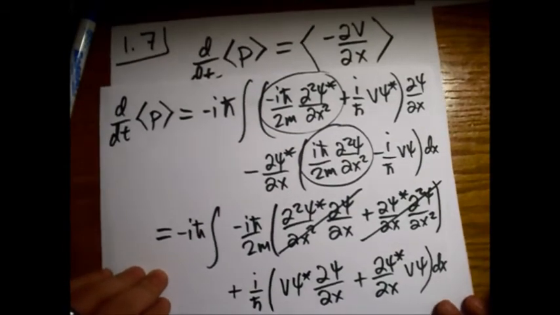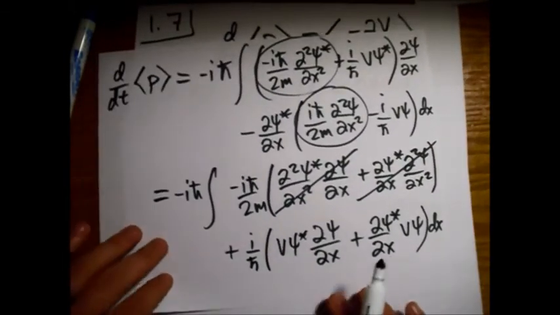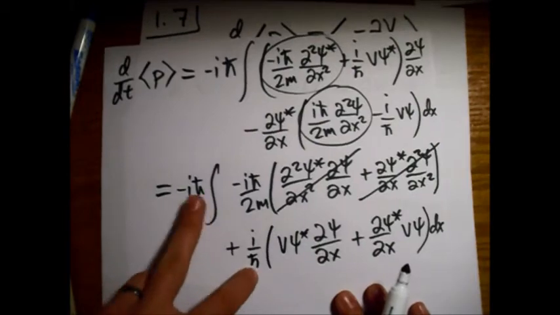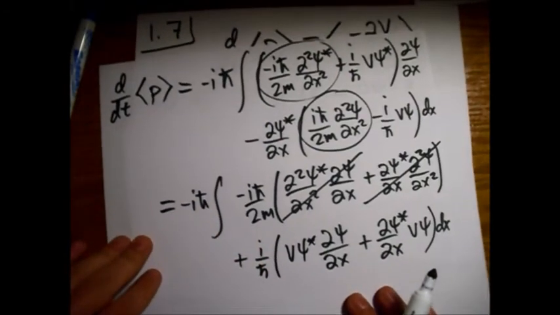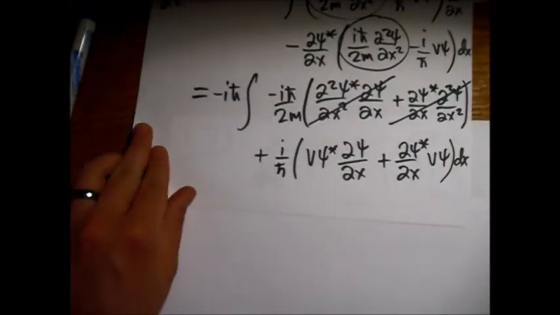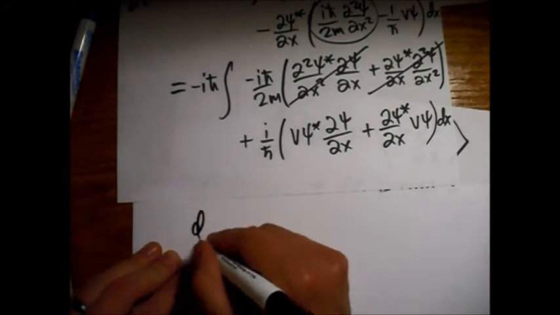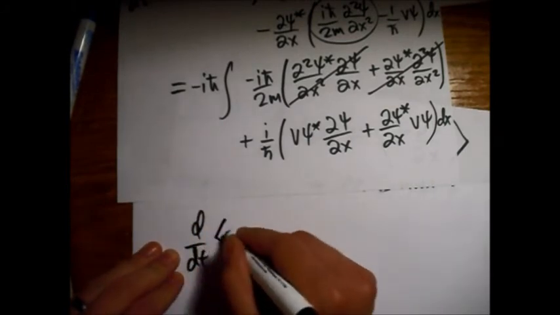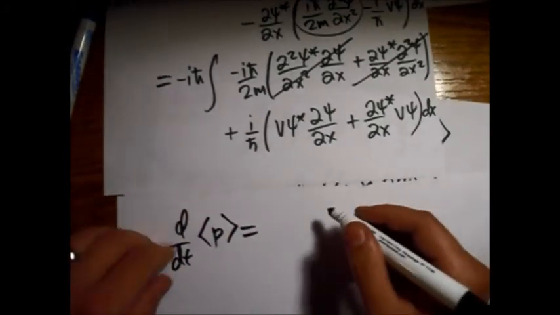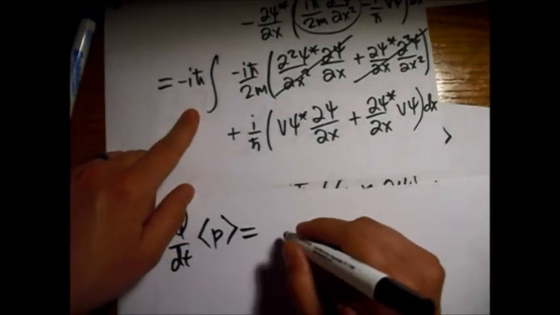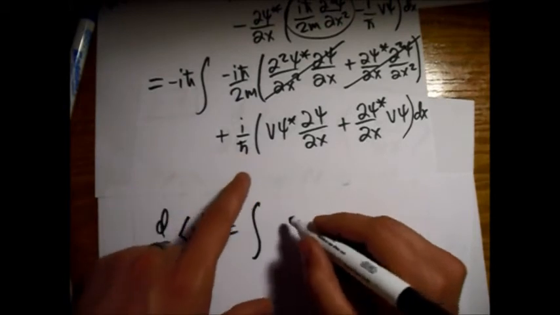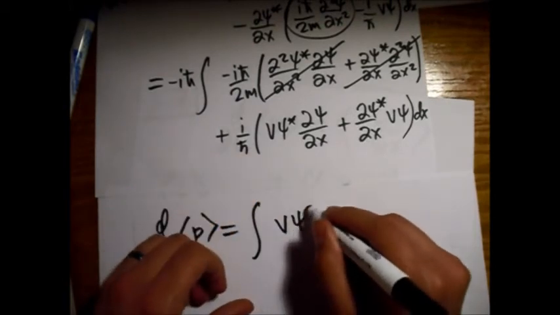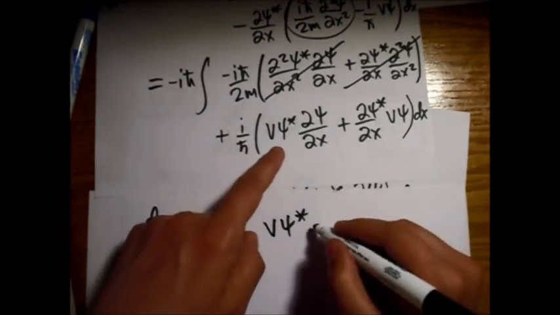All right, so that's great. And furthermore, we see that this h bar and this h bar will cancel, and i times minus i gives us 1. So this is simplifying really nicely. Go ahead and write it out again. Okay, so the i h bar parts go away, and now we have v times psi star.